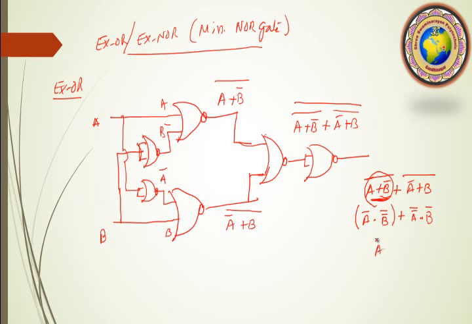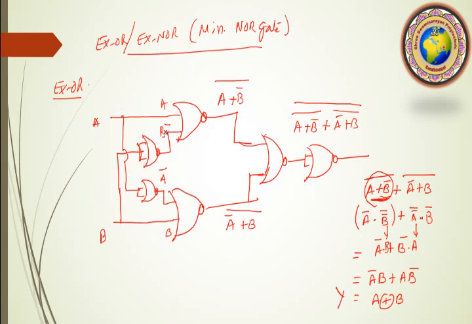So here I receive A bar plus B bar, sorry, here from B bar I receive B, and here I receive A. So our output is A bar B plus A B bar, because B bar bar is B, and A bar bar is A. So this is equivalent to our A plus circle B, or XOR output. So this is our final Y.